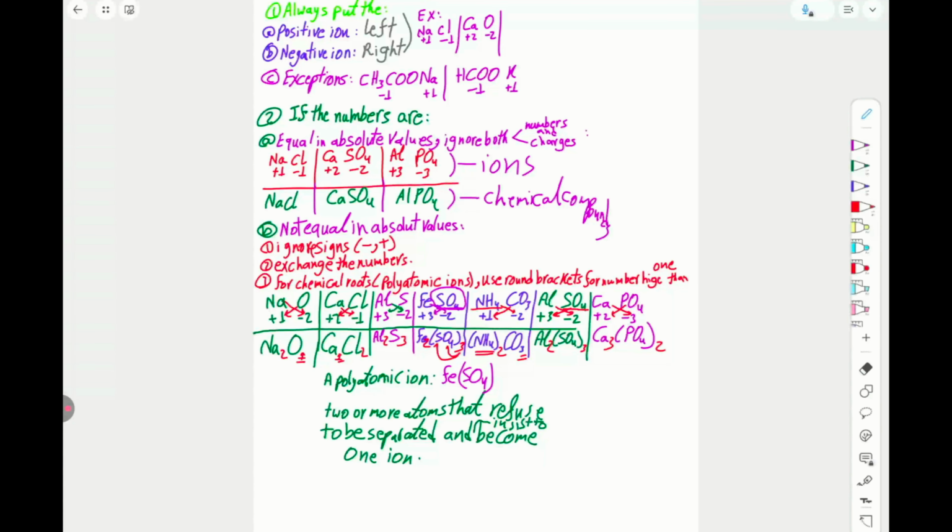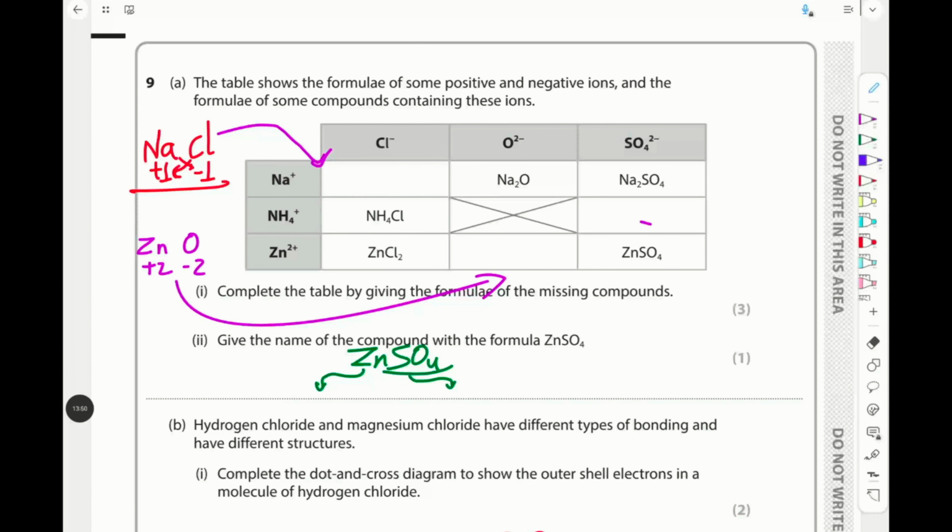Now, my friends, let's go to the question. As you see here, the question is complete the table giving the formula of the missing compounds. Let's see here. We have this one and this one. So we have Na, which is +1, and we have Cl, which is -1.